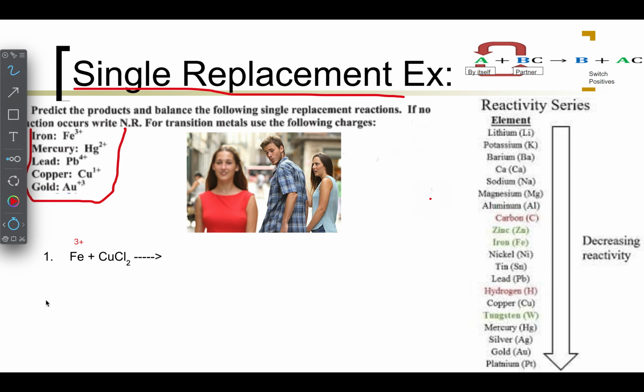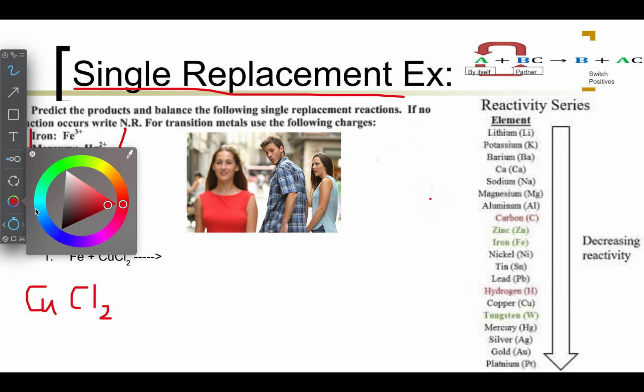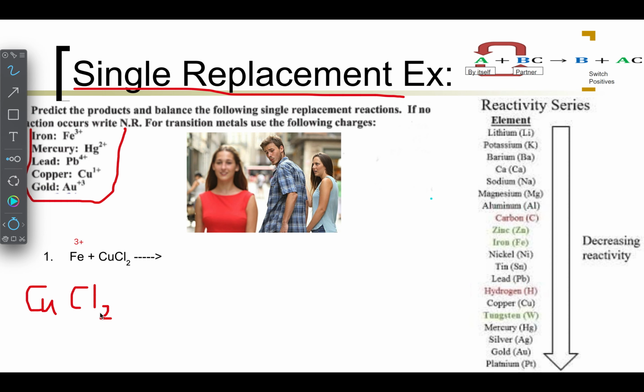Because if you remember, let's say we have CuCl2. When we make compounds, we use that cross method. So this 2 was originally right up here, and there's a 1 right here. We just don't write it, and that was originally right up here as a charge. So we're working backwards to figure out the charges.